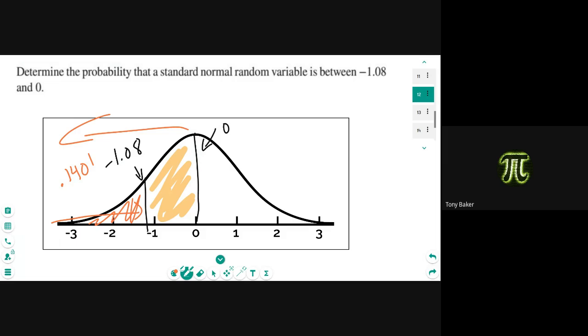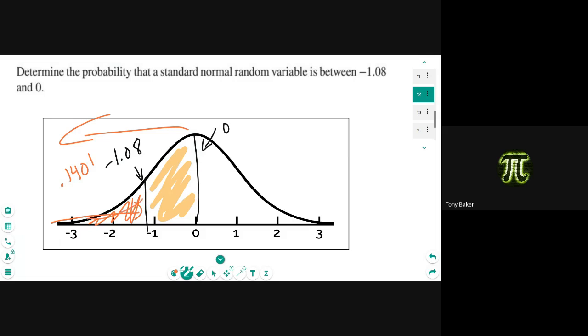It's not separate, correct. The number that you get on here is always from the left to that number. So when you looked up and got the 0.1401, it is from the left to negative 1.08. Not the other direction or anything else. It's literally that piece there.